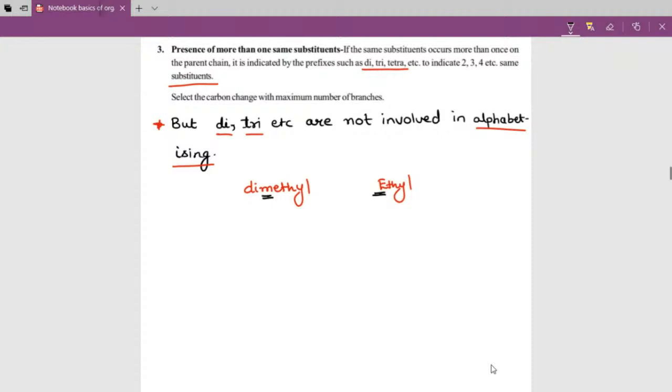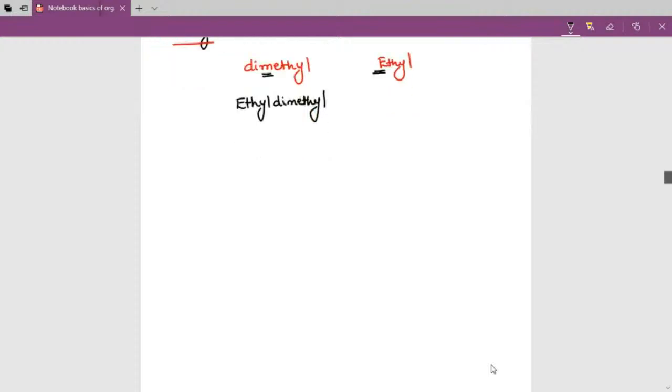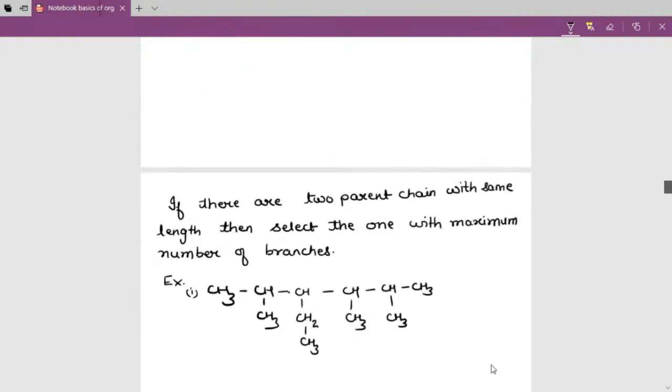You are avoiding writing methyl two times, so you use the word di. It is fundamentally methyl only. So when you write it, you will write ethyl first, followed by dimethyl. These letters are not part of alphabetizing.